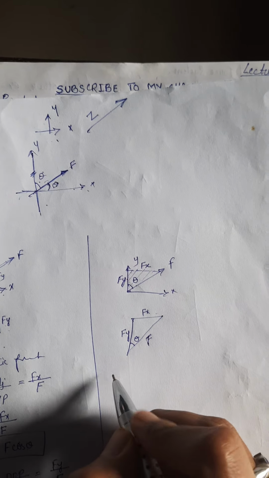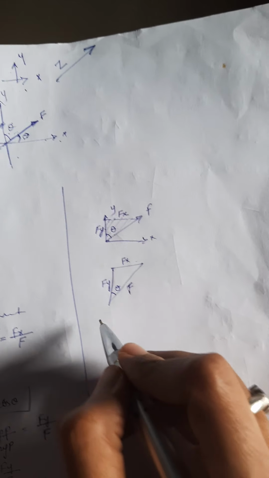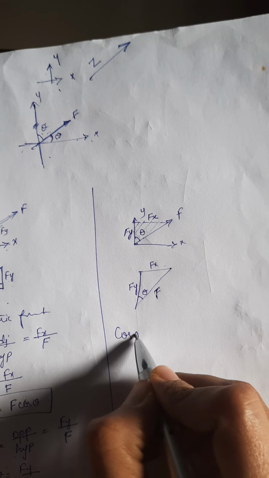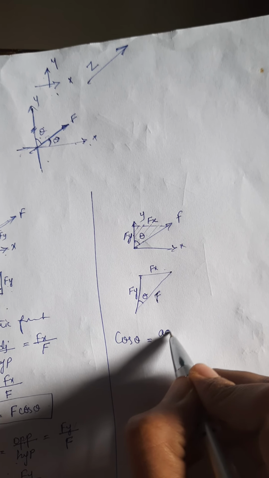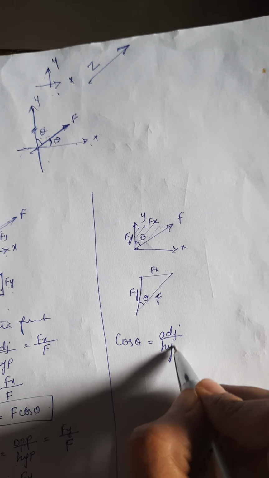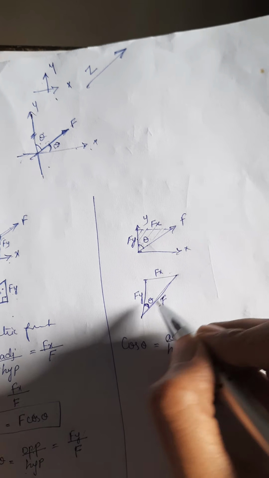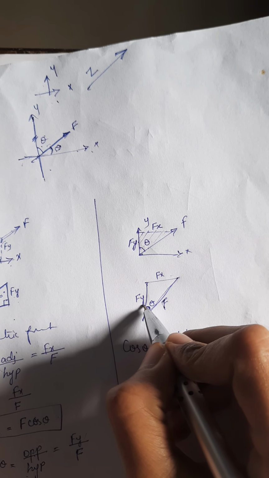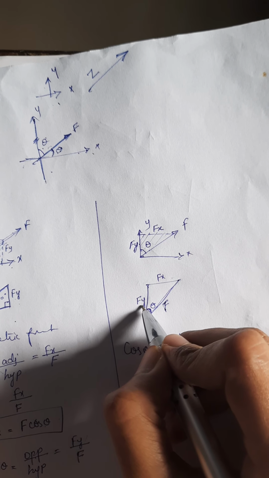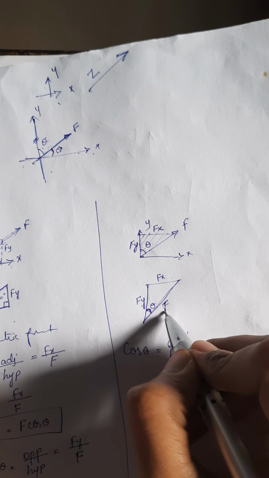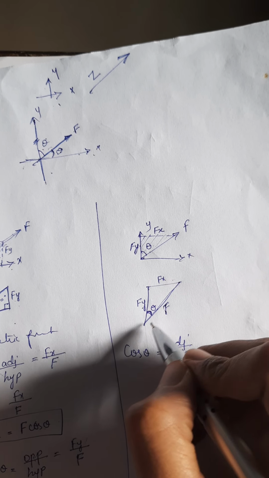Now again using the trigonometric function, we can see cos theta is equal to adjacent by hypotenuse. The angle is in between the force and the vertical line, so the adjacent side is definitely the vertical line. It can't be the force F, the inclined force.